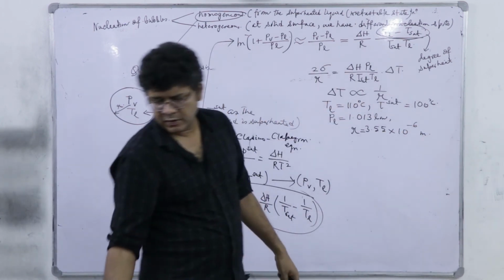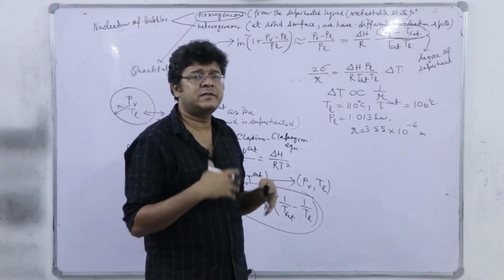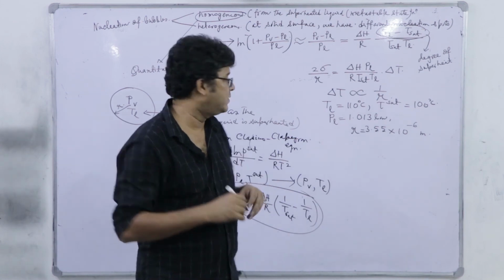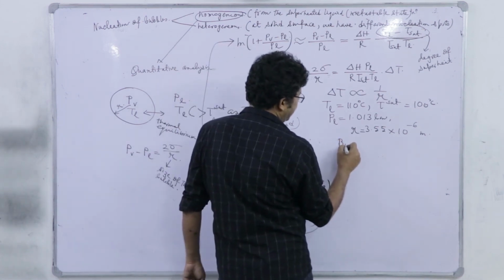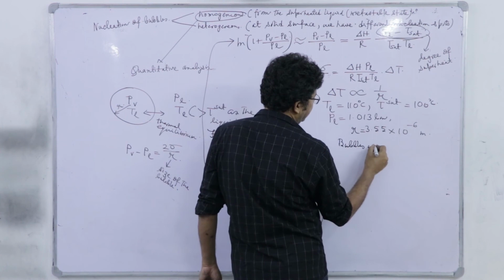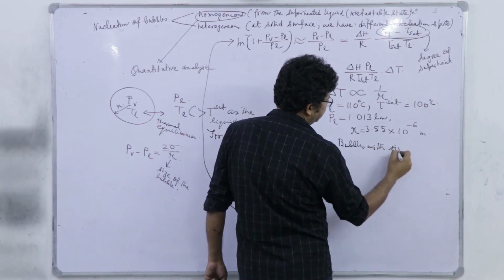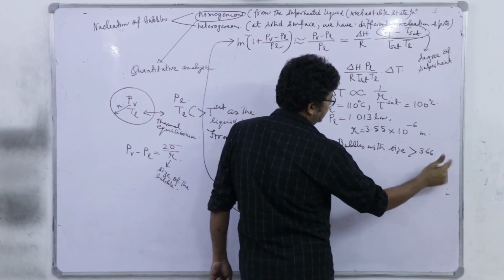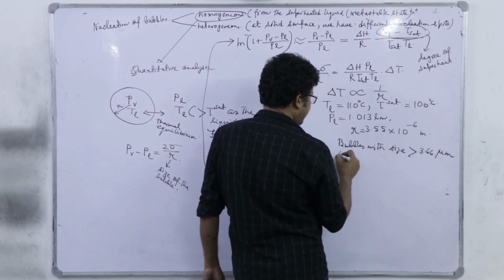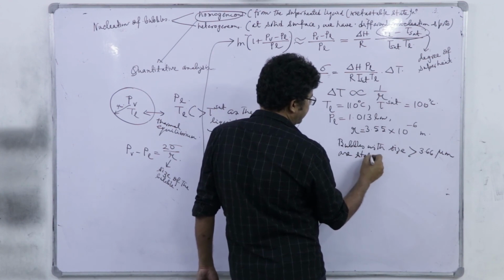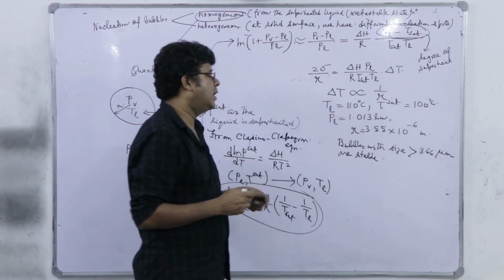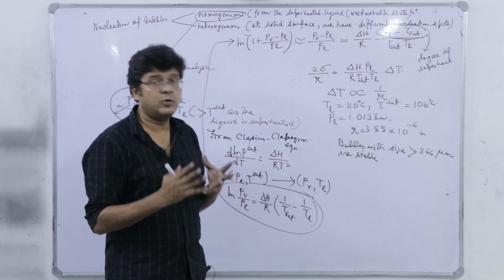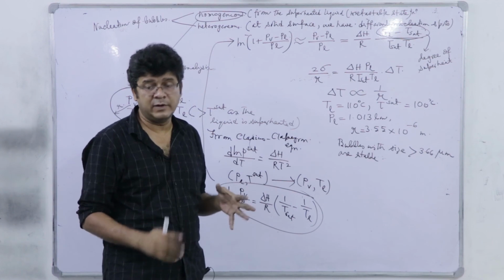It means that bubbles with size greater than 3.55 micron will be stable. If I have a bubble of 10 to the power minus 6 meter only, that is 1 micron, this may collapse, and actually this will collapse.